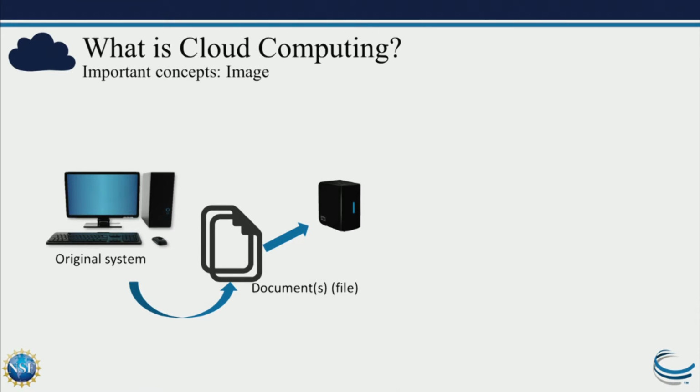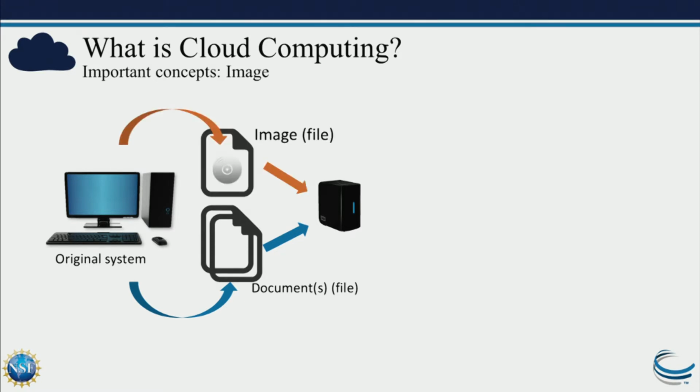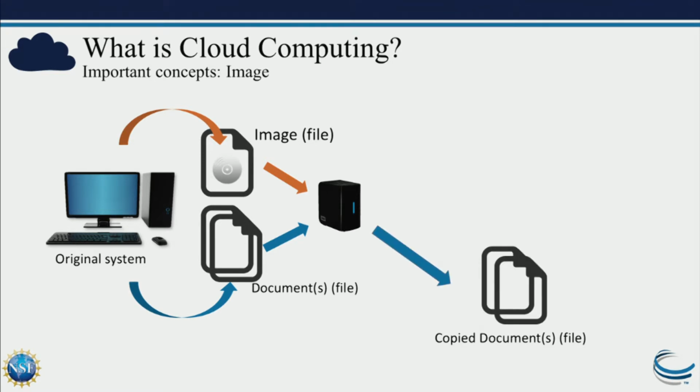But there's another type of file that you could make, and that file is called an image file. An image file is a complete clone of the original system. It has not just individual documents, but it has the operating system, it has all of your settings and your parameters, everything in one file called an image. Now, if you take files or documents off that backup hard drive, there's still those files or documents.